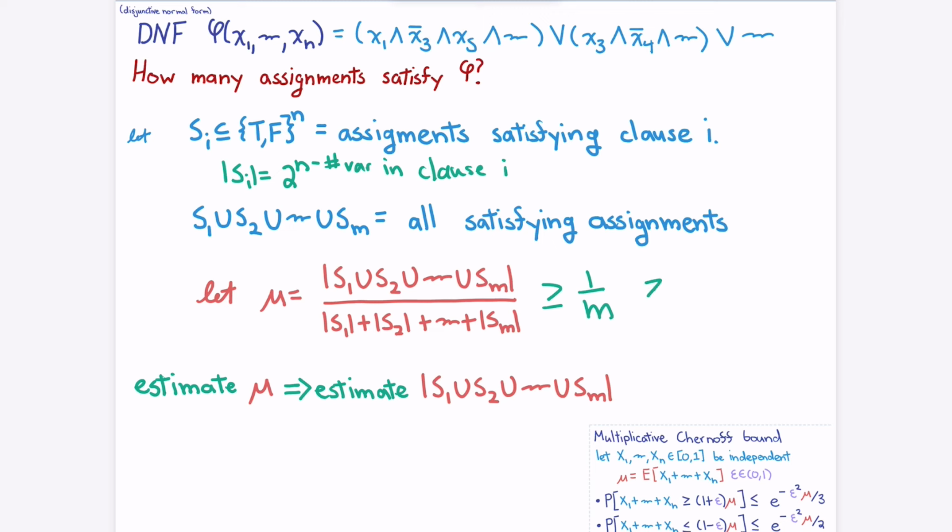So z is equal to 1 divided by the number of clauses satisfied by our assignment. Now the question is, what is the expected value of z?